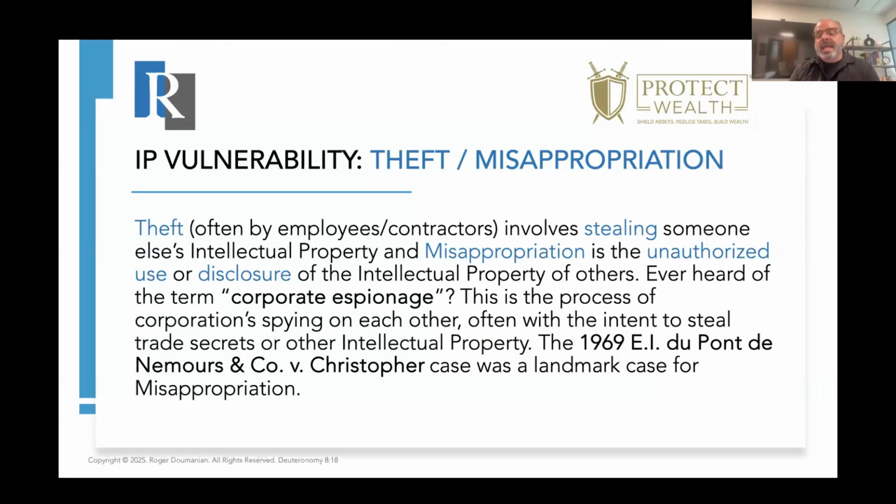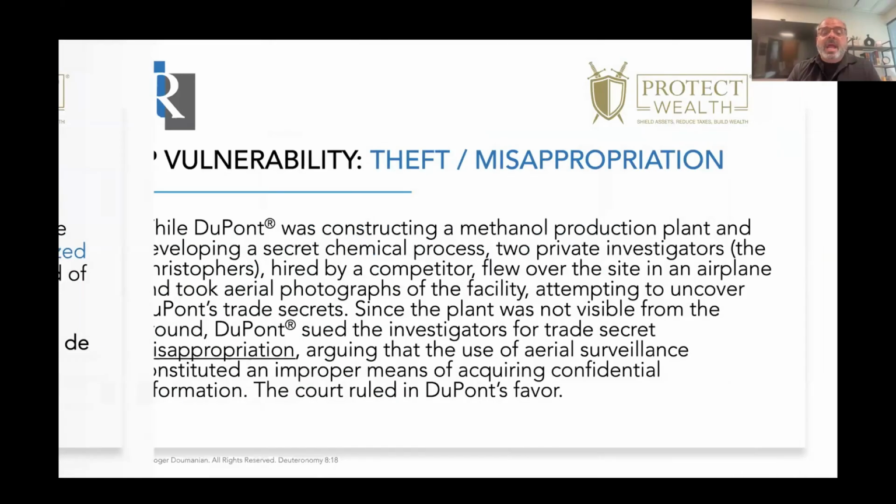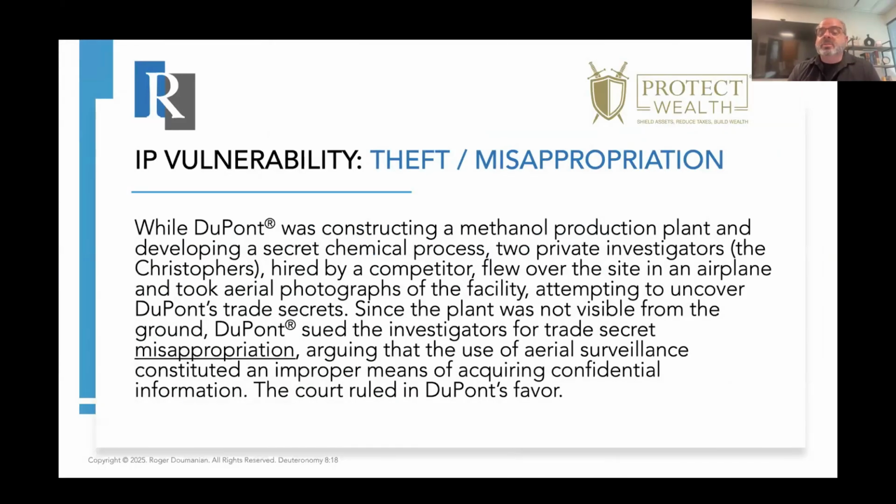One example, a landmark case, was the 1969 DuPont case, E.I. DuPont de Nemours and Company versus Christopher, which was a landmark case for misappropriation. What happened in that case was DuPont was constructing a methanol production plant and developing a secret chemical process.